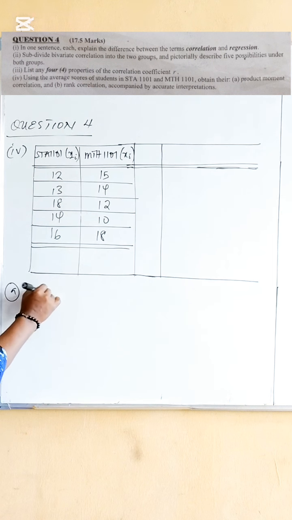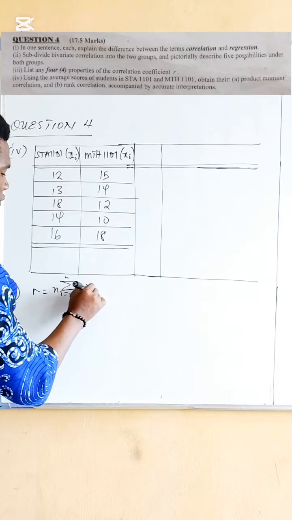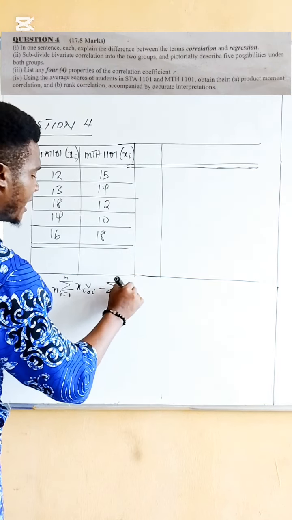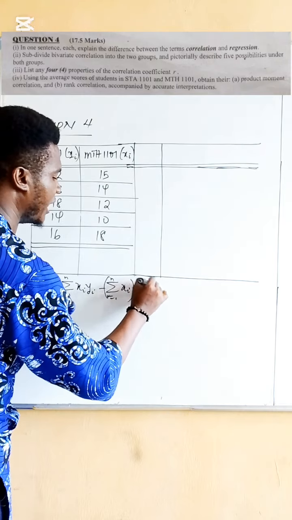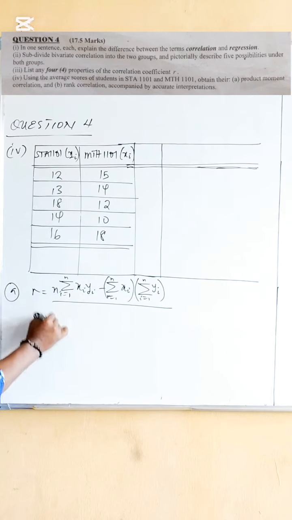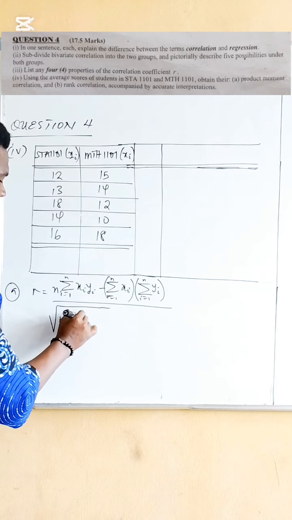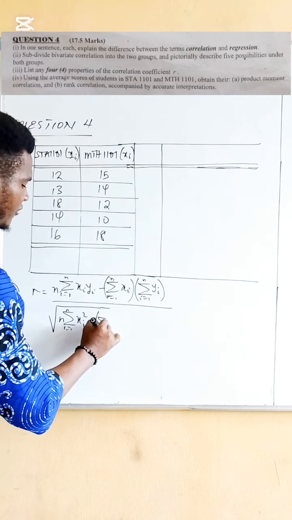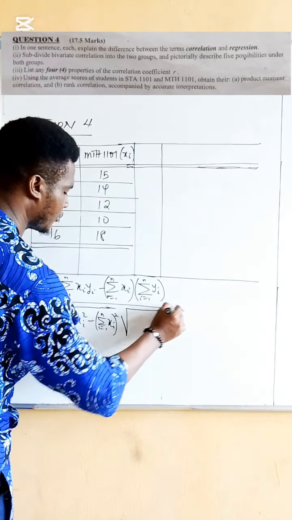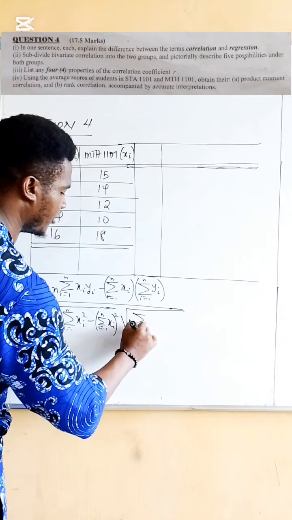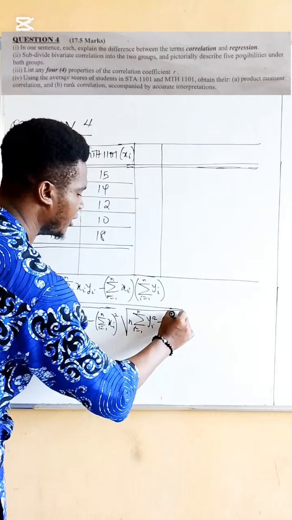R equals n summation from i equals 1 to n of xi yi, minus summation xi from i equals 1 to n times summation yi from i equals 1 to n, all over the square root of n summation xi squared minus, in brackets, summation xi all squared, times the square root of n summation yi squared minus summation yi all squared.